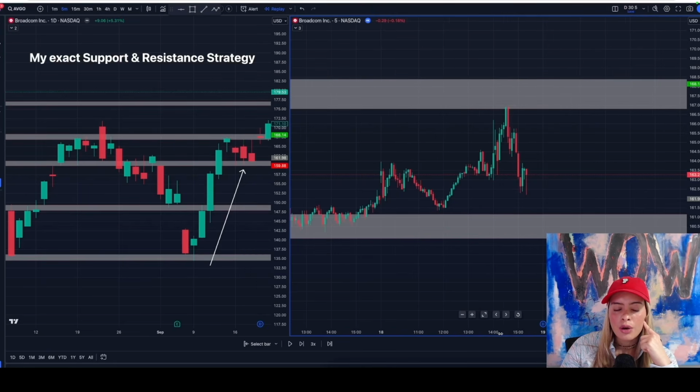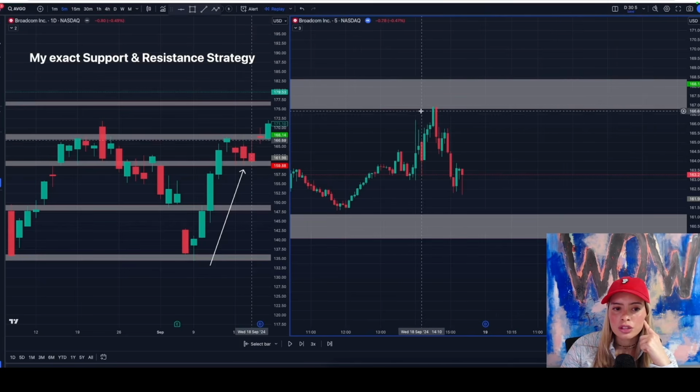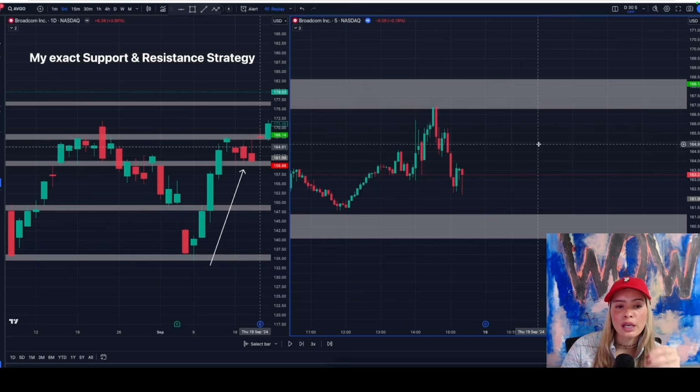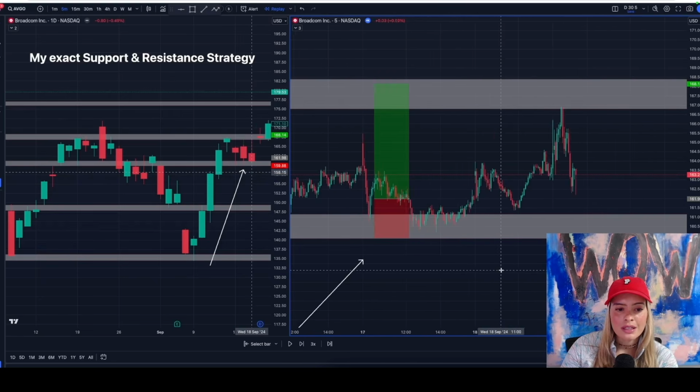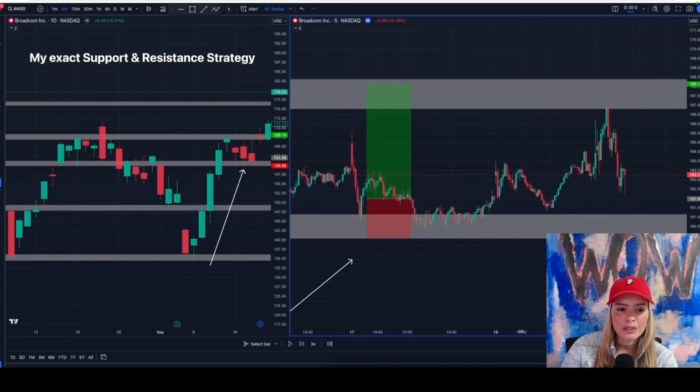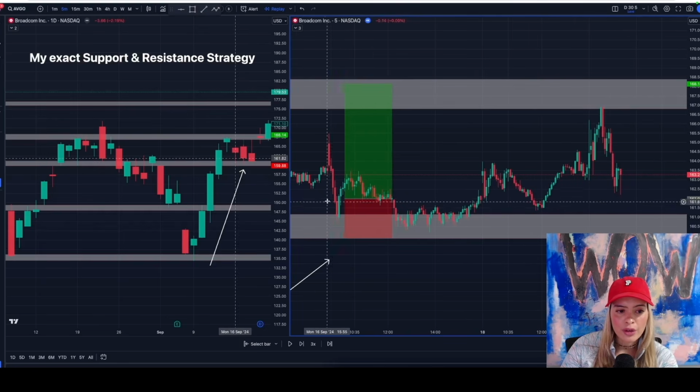And look how we have a very strong rejection here. This is my major level of resistance, and that's my PT. So that is where I want to get out of this trade, and that is where my trade will be completely done. Okay?